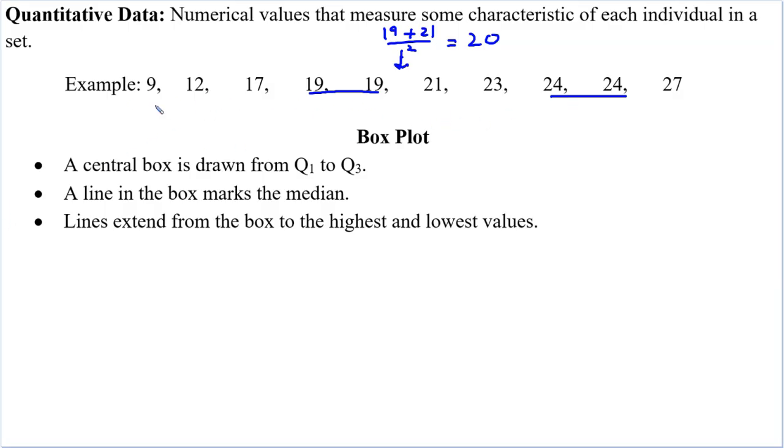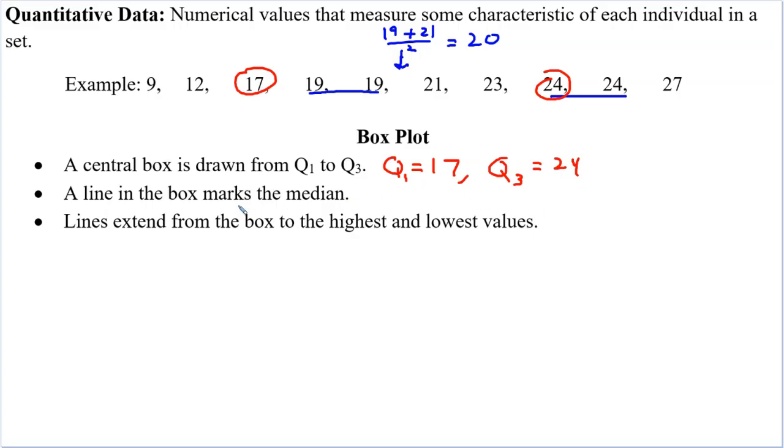Well, in this case, the middle of the bottom set would just be the 17. So I'd say that Q1 is equal to 17. And the middle of my top set would just be the number in the middle here, 24. Sorry, Q1 is 17, Q3 would be 24.